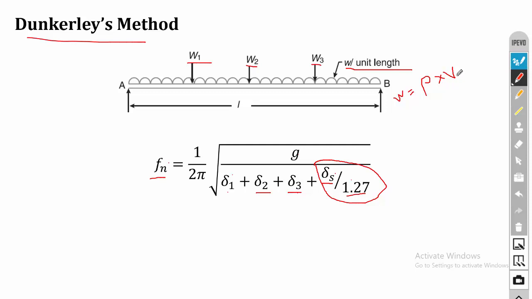Mass density will be in kg per meter cube, so if you multiply meter cube with it, that is the volume, then you will get kilogram. Actually we have to substitute the value in Newton, so you can convert that kilogram into Newton. That is how we have to solve the systems having more number of loads.